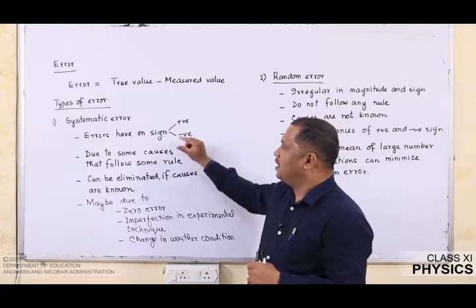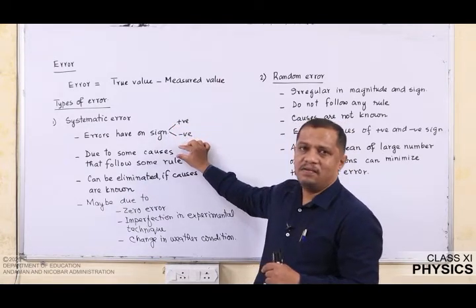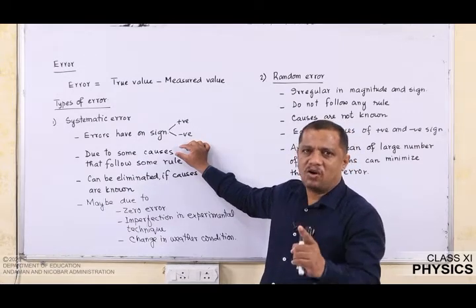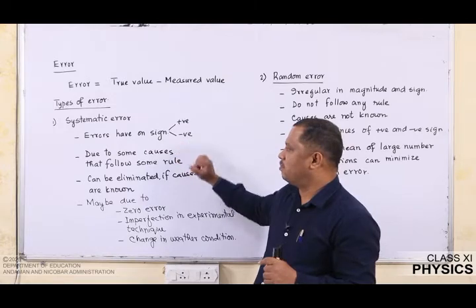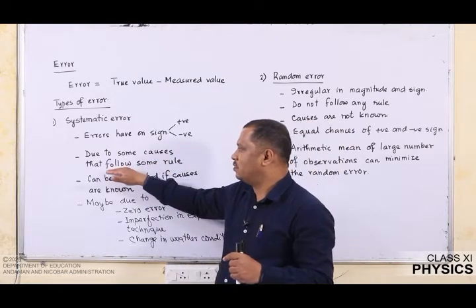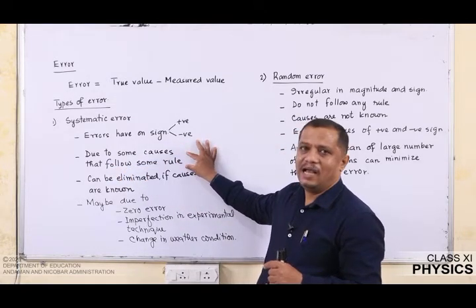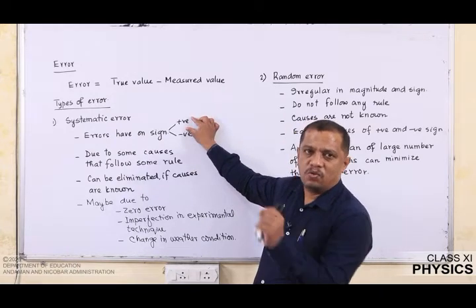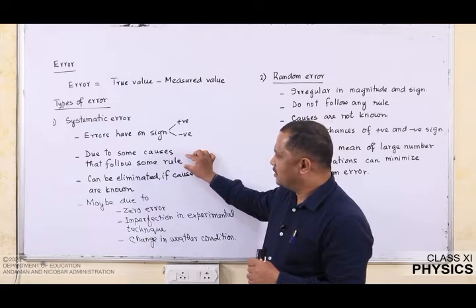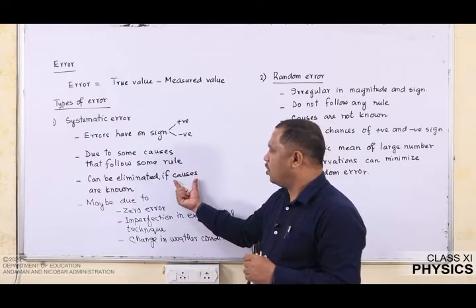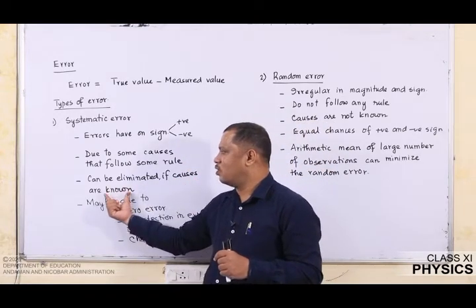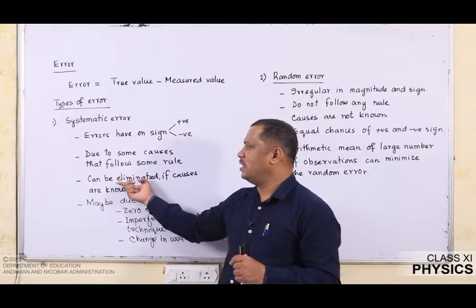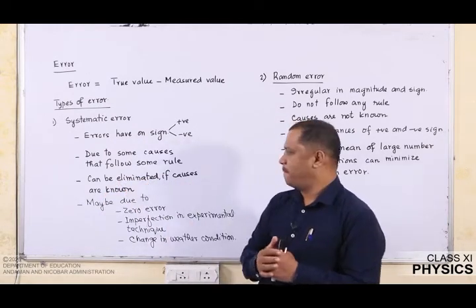Then definitely this systematic error will have some causes. Because of some cause, these sorts of error come in, and the errors will follow some rule. As a result, the error will continue to be positive throughout. If that is the case, then if causes of the errors are known, and if we remove the causes, that means the errors can be eliminated.